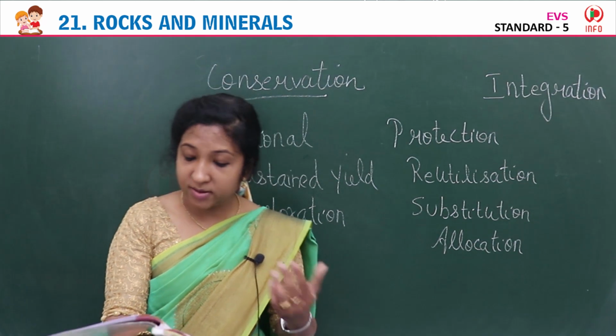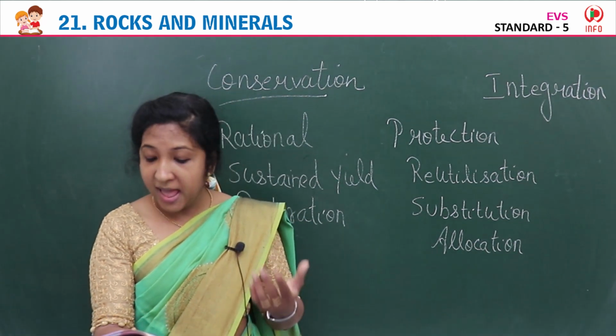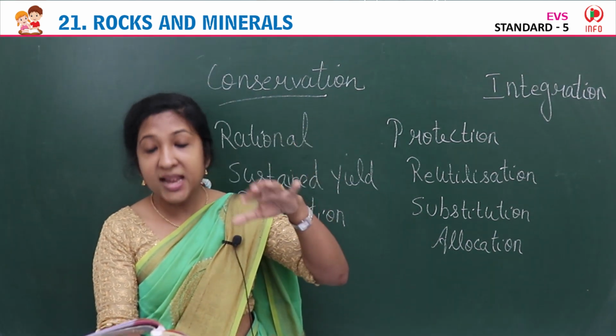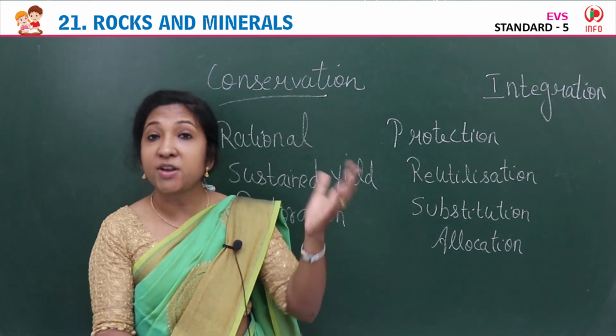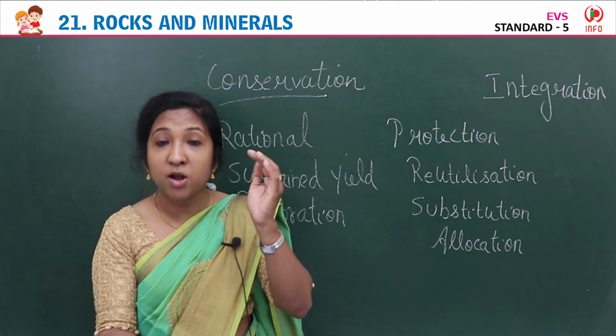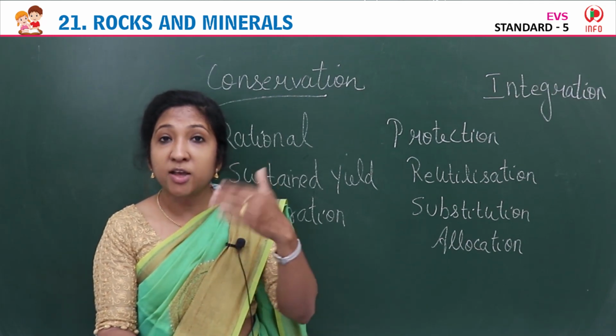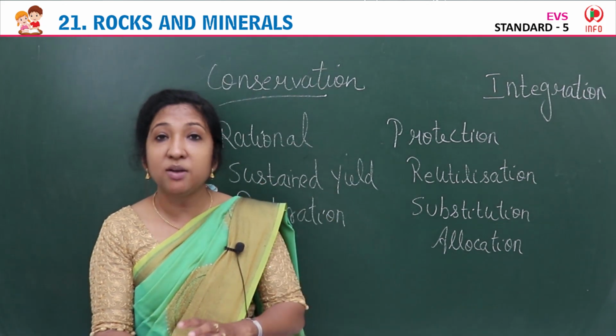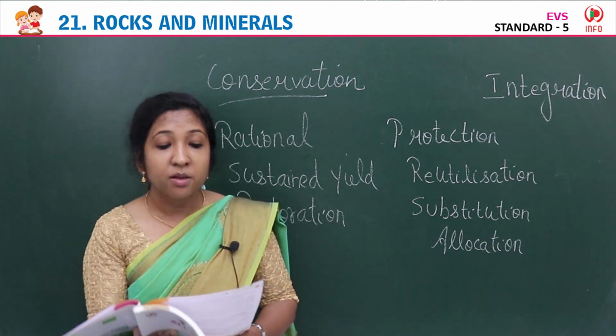Then sedimentary rocks such as limestone and sandstone are formed from deposition of sediments in layers. Because of the deposition of small particles of rocks over a period of time, we get these sedimentary rocks.